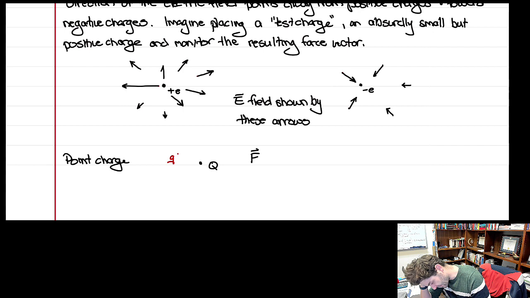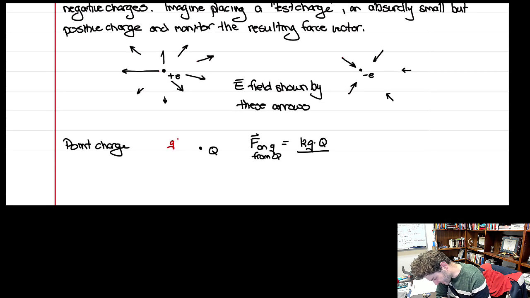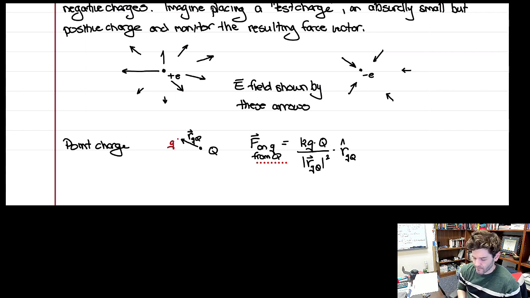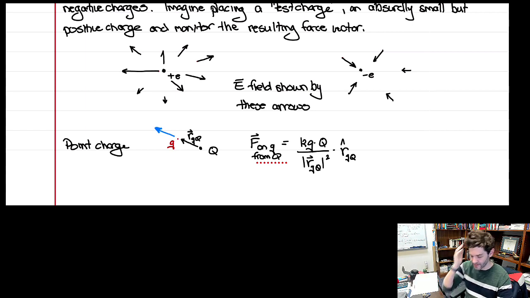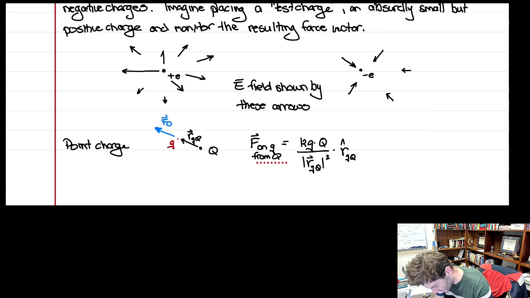The force on little q from big Q would be K, little q, big Q, over the distance between them squared, multiplied by a unit vector that points to little q from big Q. Just to draw it out, there's some vector here, R, to little q from big Q. And if little q we take to be positive, and capital Q is also positive, we know that this force vector also points radially away, in the direction pointing away from capital Q. This would be the force on little q from big Q.